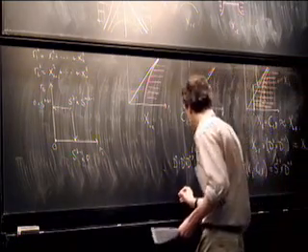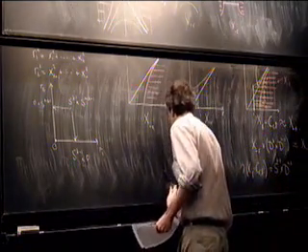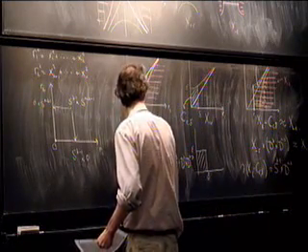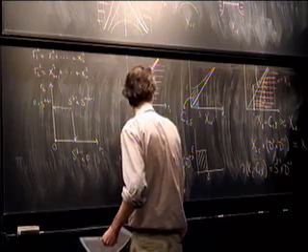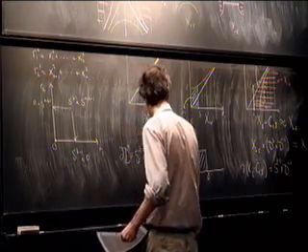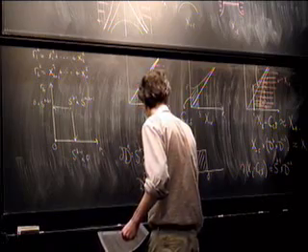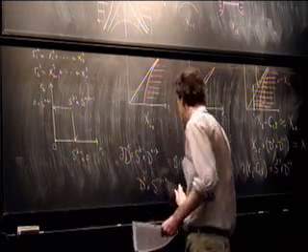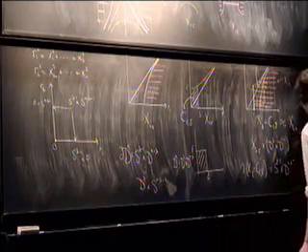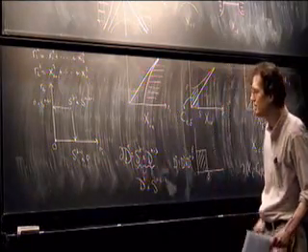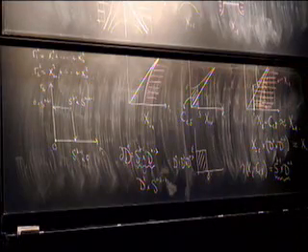Now, what's the boundary of the ball here? The boundary, let me write it over here where it's clearer. The boundary of the ball is S lambda minus 1 times D n minus lambda union D lambda times S n minus lambda minus 1. So you see I can glue this to this. And that's the gluing we're doing.